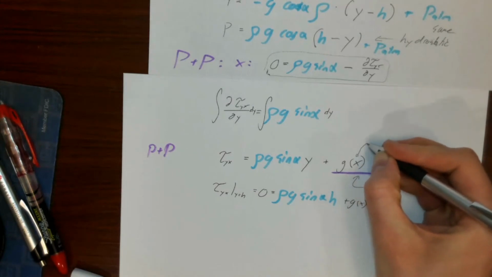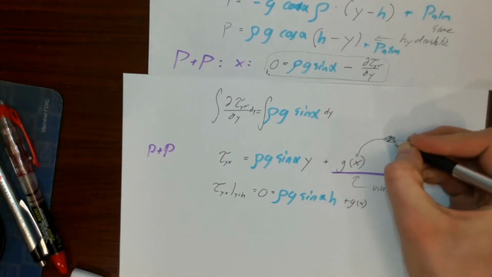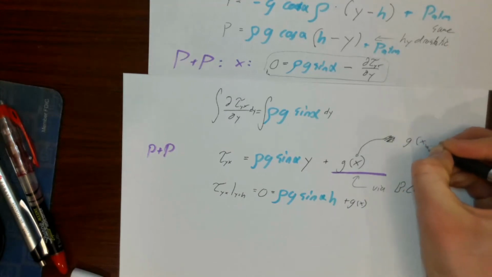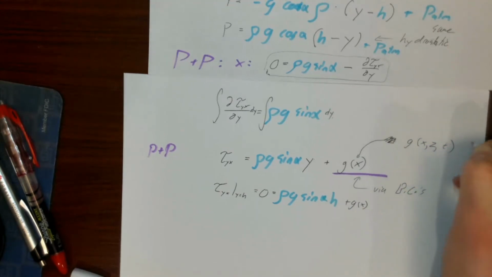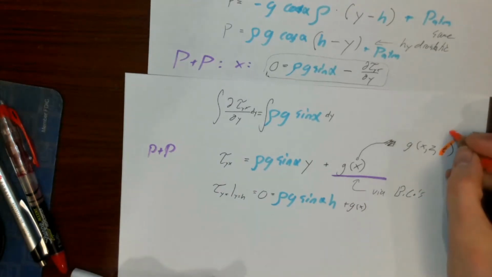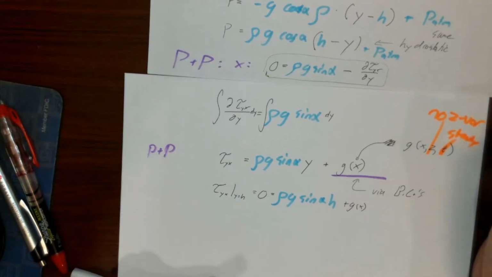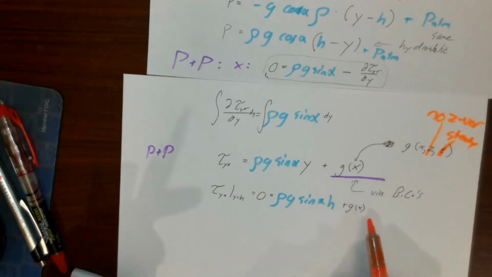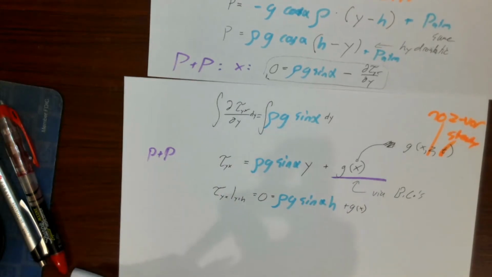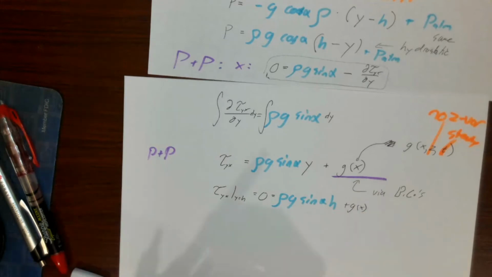This g of x hypothetically could be a function of x, z, and t, but for the same two arguments that we made earlier, steady and no z variation, we got rid of this, right? So now we have it right here. So we have this boundary condition right here that's going to help us resolve this g of x.